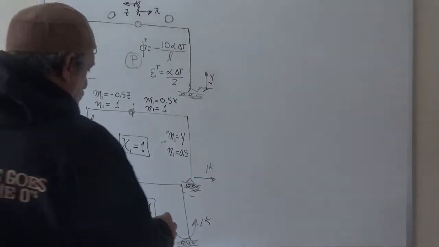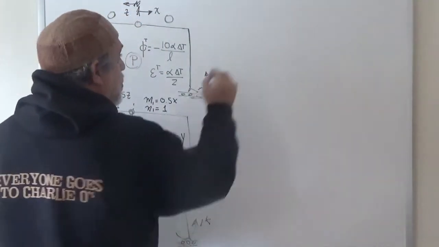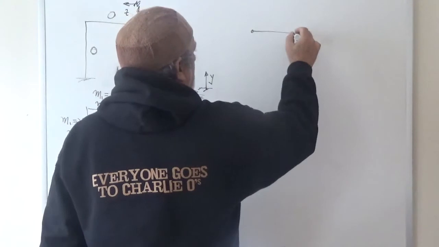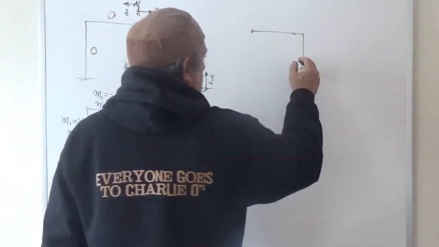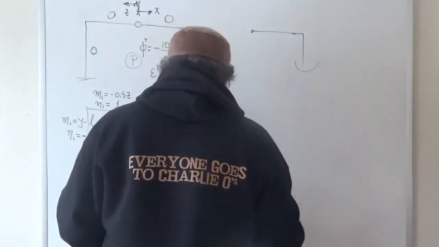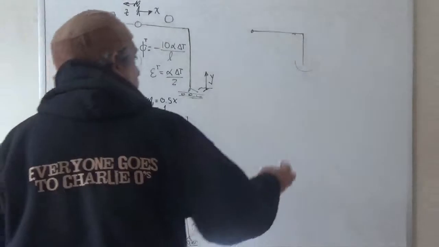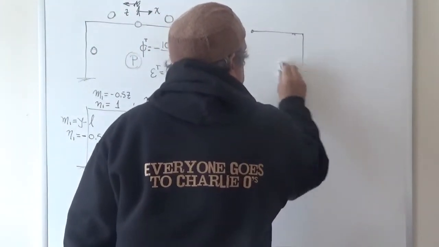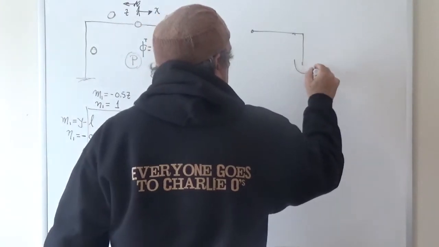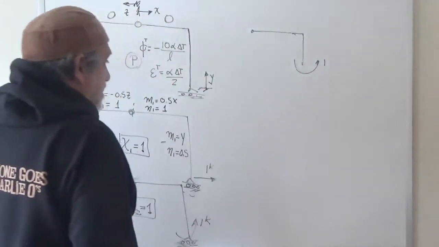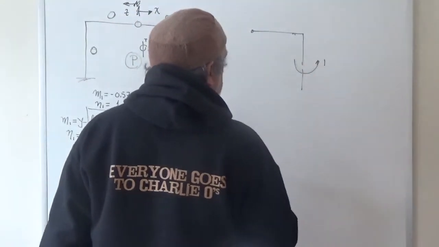So we take the free body diagram from the hinge to the right. That's L, that's half of L. We have a moment of 1. Here we have potentially a reaction.